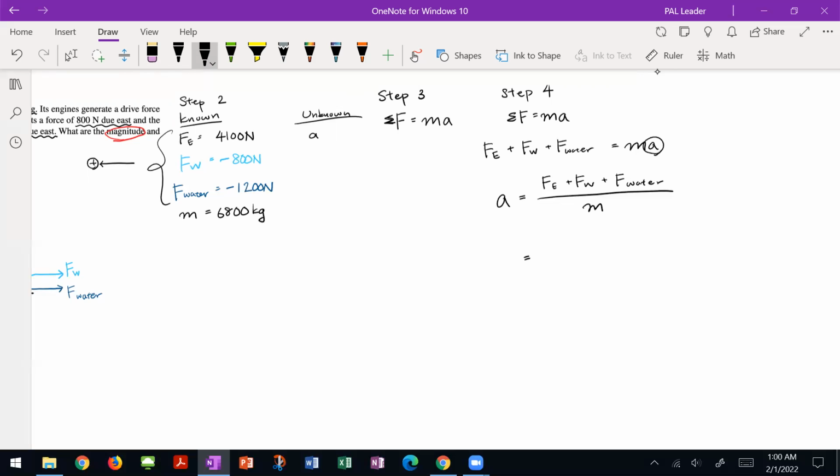And now I'm going to put in my numbers. The force of the engine was 4,100, plus the force of the wind was negative 800, plus the force of the water was negative 1,200, over the mass, which is 6,800. Put that in your calculator.